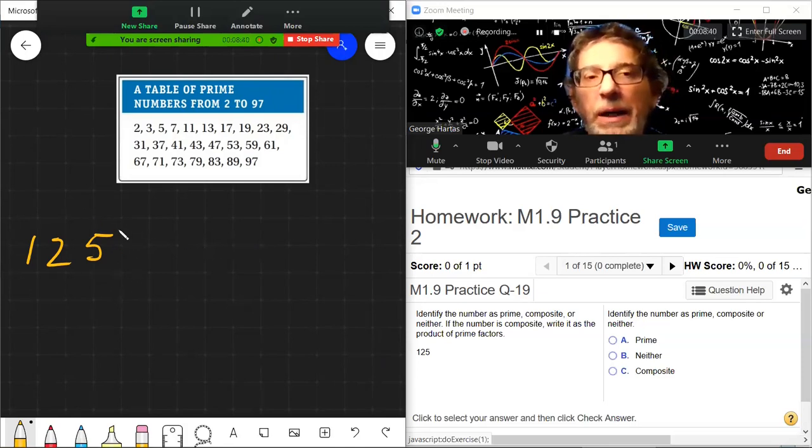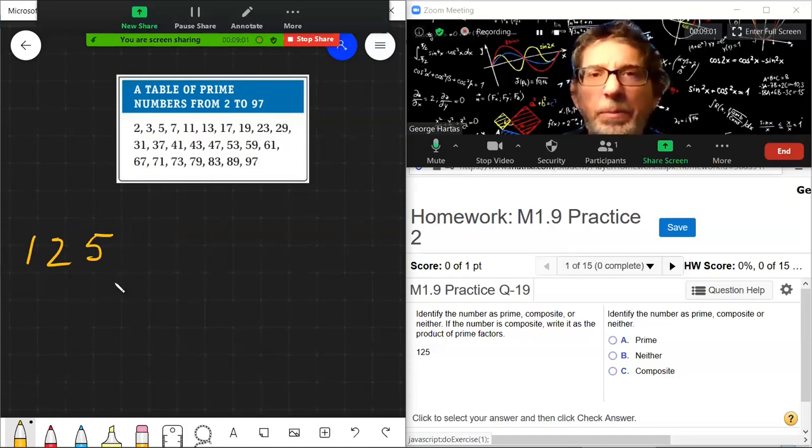Well, this is an odd number, so 2 will not go into it. We could look at the number 3 by adding the digits, right? Recall that to see if a number is divisible by 3, you sum the digits. 1 plus 2 is 3, 3 plus 5 is 8, and 3 does not divide into 8.